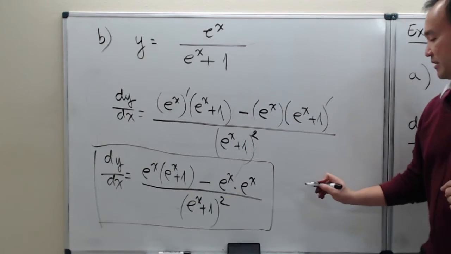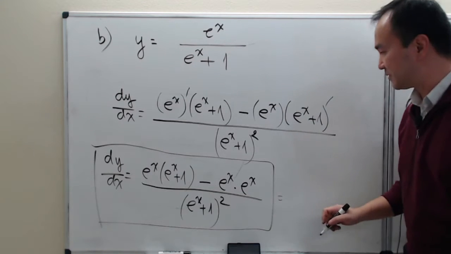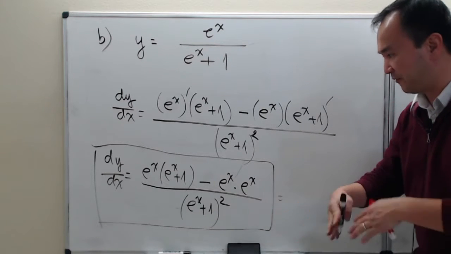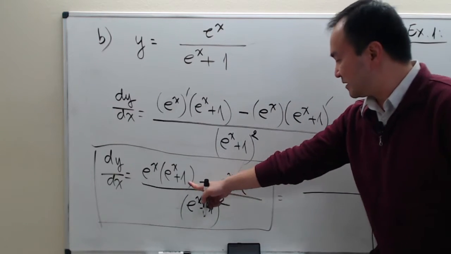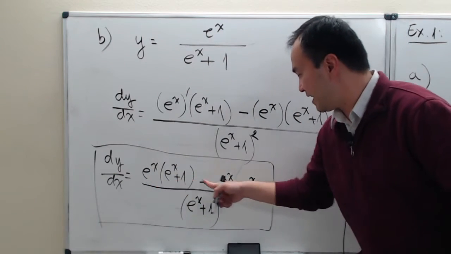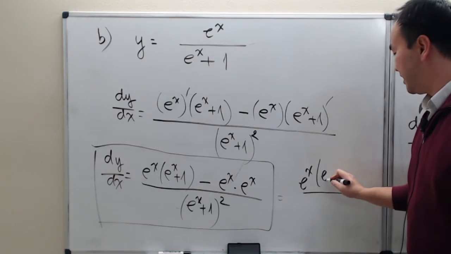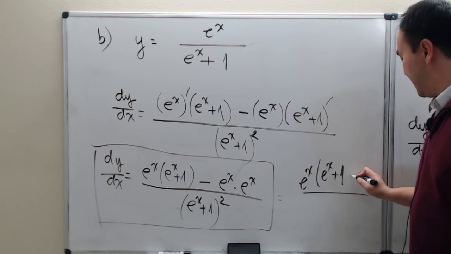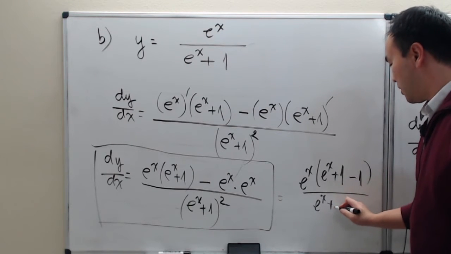But in case your instructor asks you to further simplify the final expression, then we can take our common factor, e to the x, and factor it out. Here we're looking at e to the x plus 1 and minus 1, and then all over e to the x plus 1 all squared.